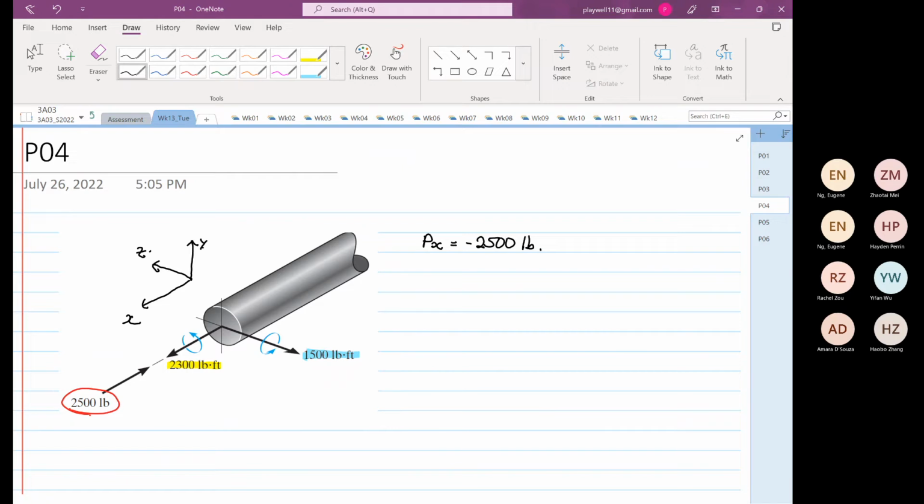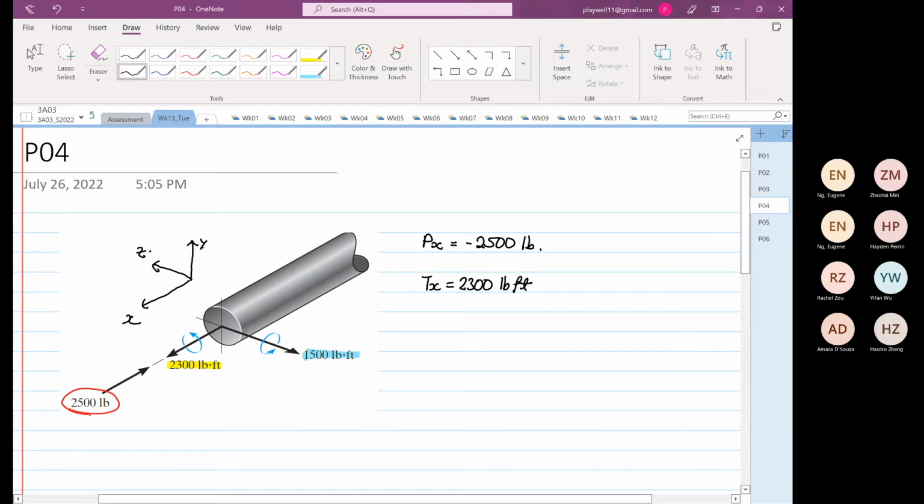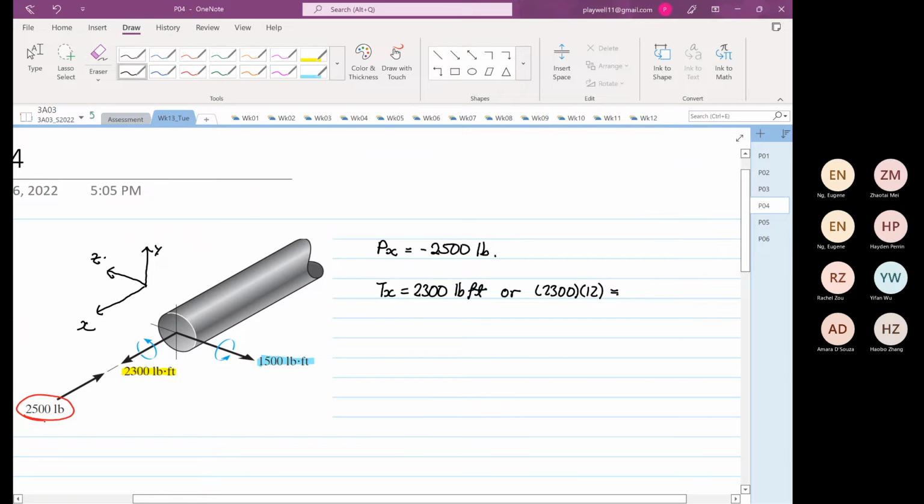Torque in the X of 2,300 pound-feet. Now feet we have to change to inches, so 2,300 multiplied by 12 is 27,600 pound inch.